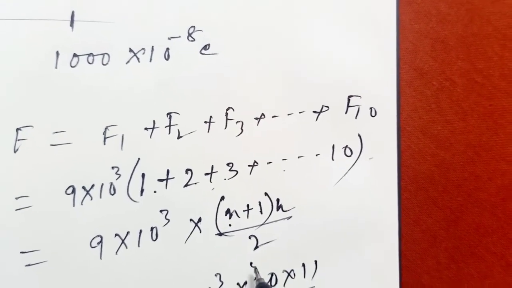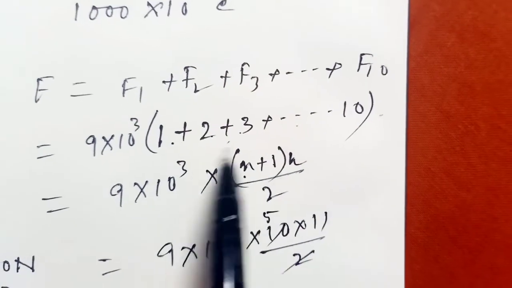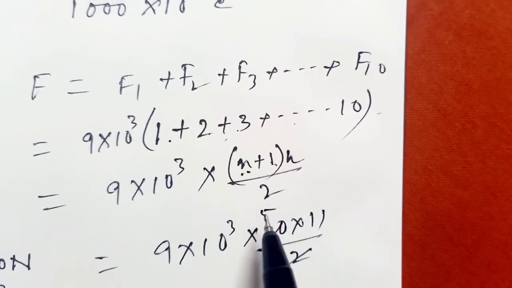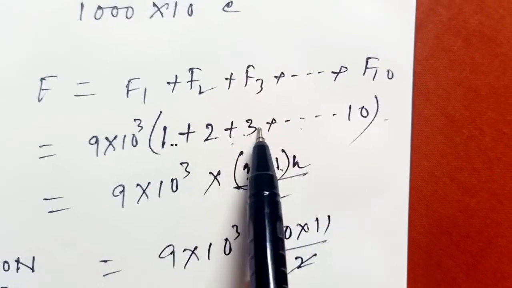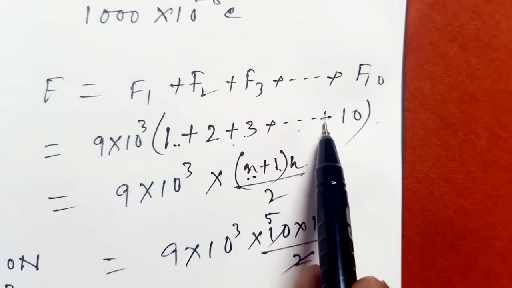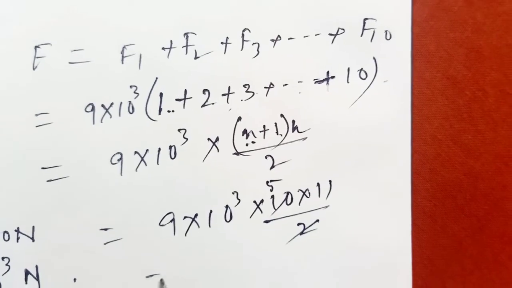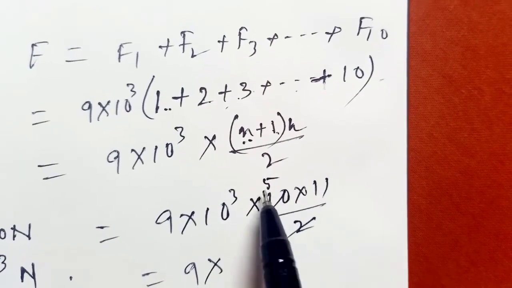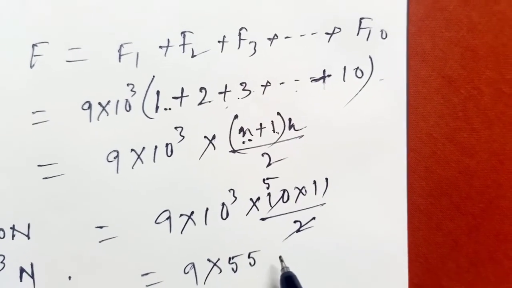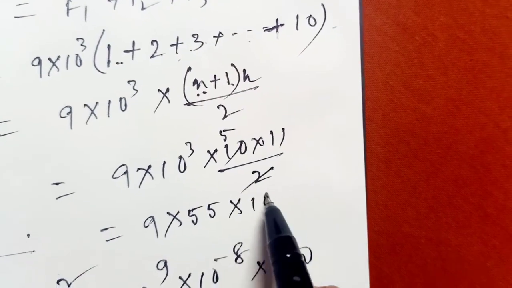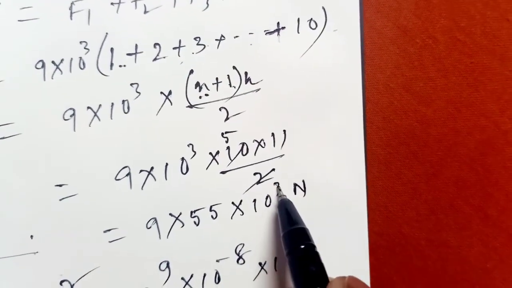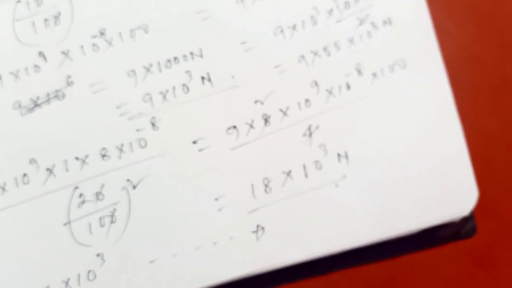This is the formula, n into n plus 1 by 2, for 1 plus 2 plus 3 dot dot dot up to 10. You have to add all the numeric values. So this is 9 into 55 into 10 to the 3 Newton.